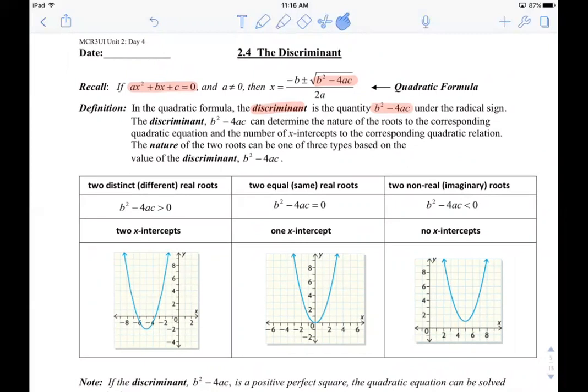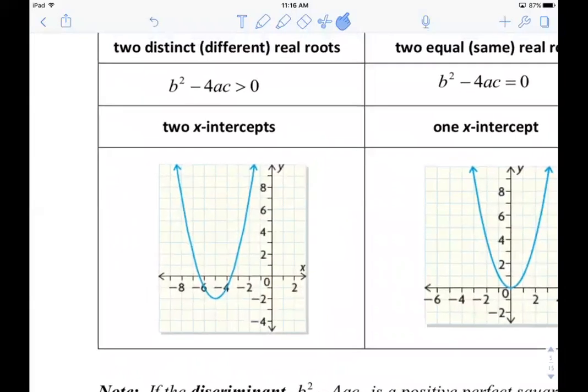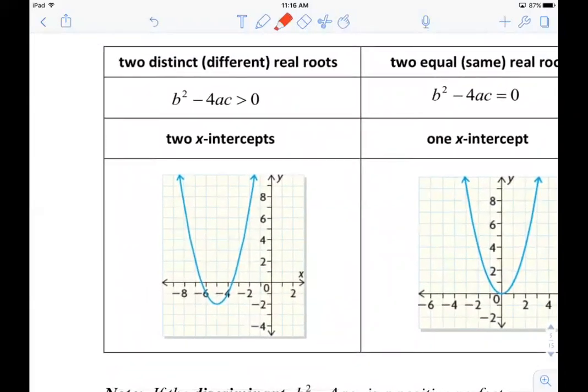Just recapping what it can tell us then, based on all the same things I was saying before. The most common situation you dealt with last year was that that discriminant piece was greater than 0, or in other words, a positive number. So you can then square root it, and then add it and subtract it with negative b if you were doing quadratic formula, and you would find two separate, or we sometimes say two distinct, real numbered roots, or real numbered solutions.